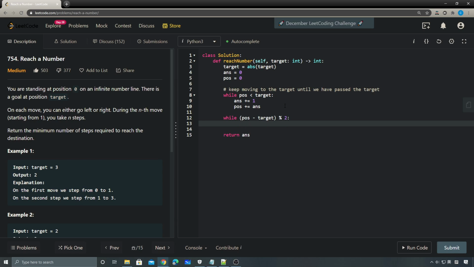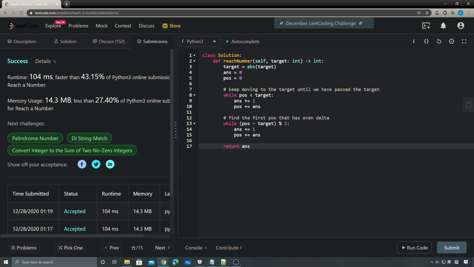If it's not even, we keep moving until we find the first position that has an even delta. Then that will be the answer.